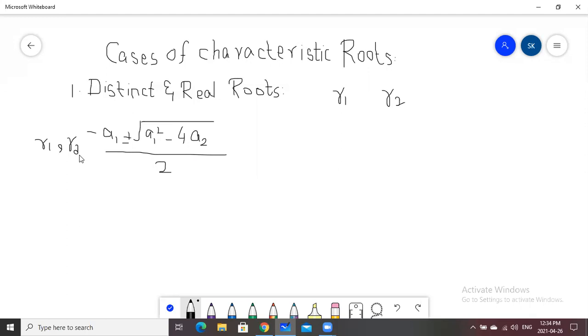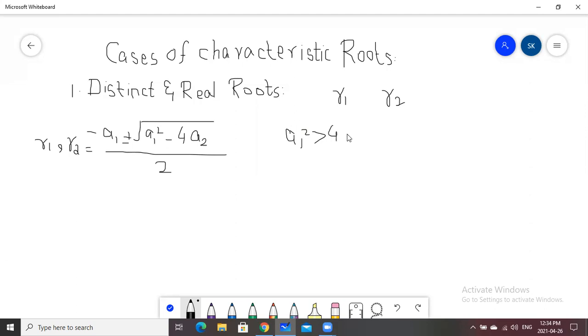Now the first case is the case of distinct and real roots. R1 and R2 are both distinct and real numbers only if A1 square is greater than 4A2. If the value of A1 square is greater than 4A2, what will we have?